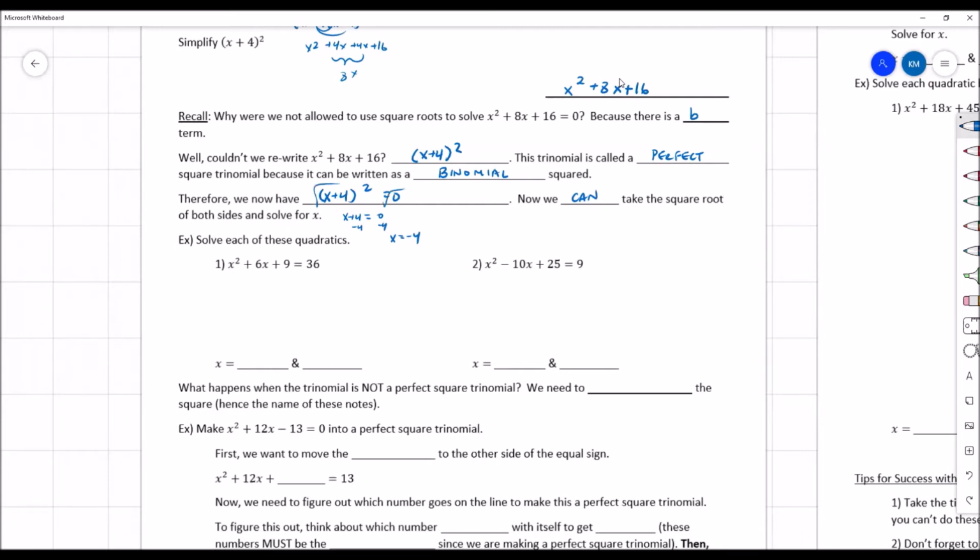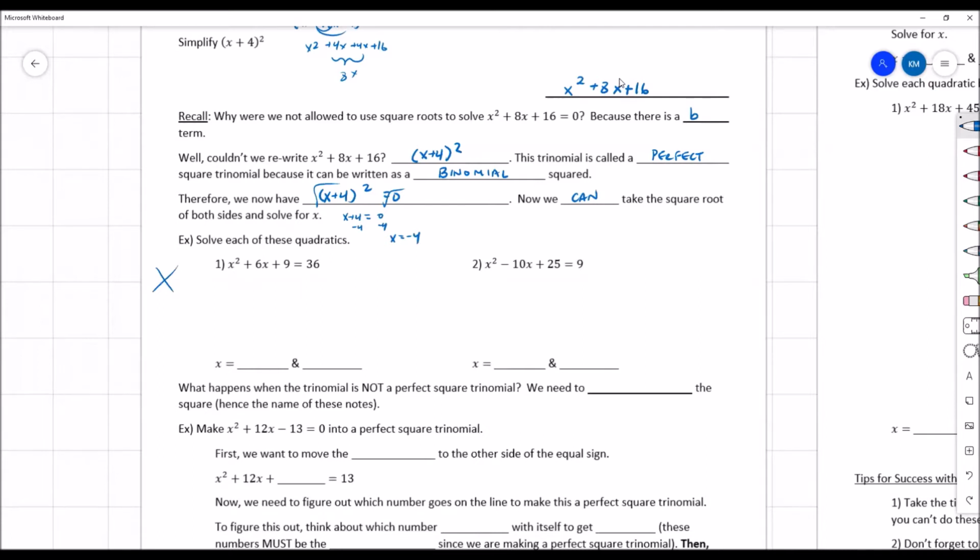All right. So, using that, we're going to see if we can solve some perfect square quadratics that have a b value. So if you look over here, we have x squared plus 6x plus 9 equals 36. Remember we had the x box method.